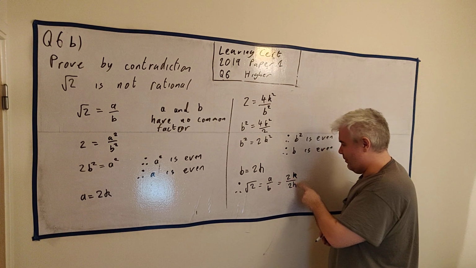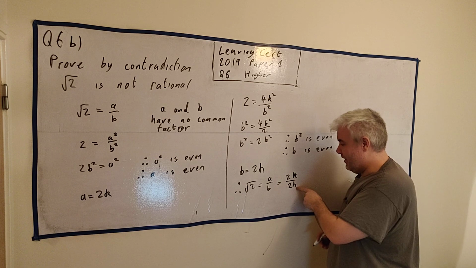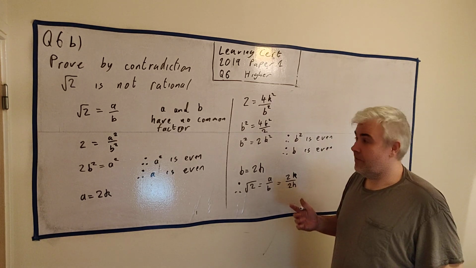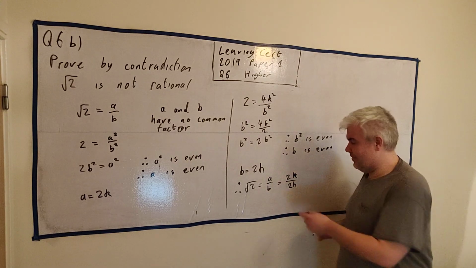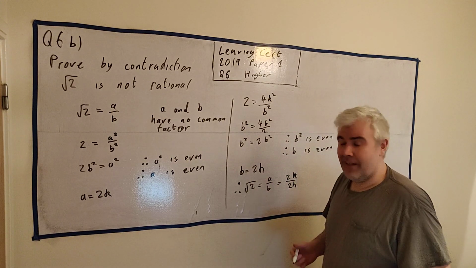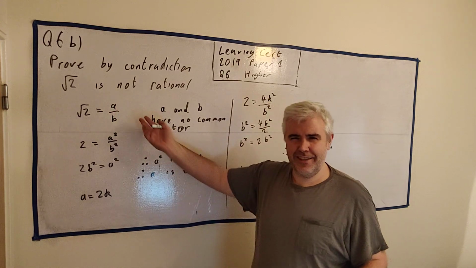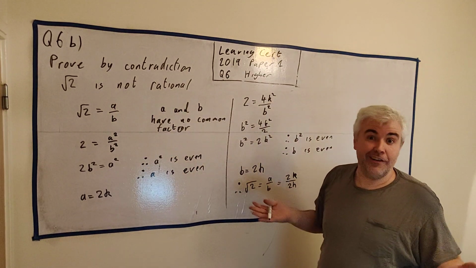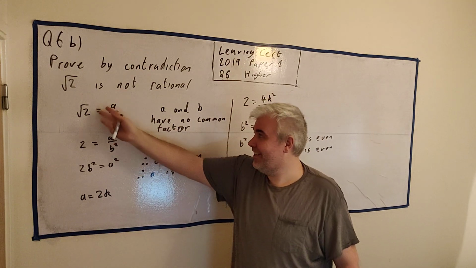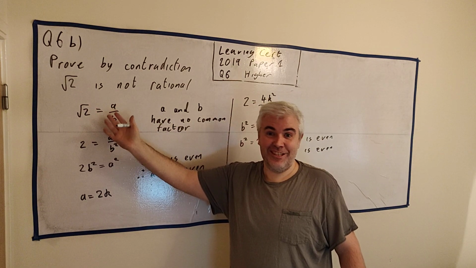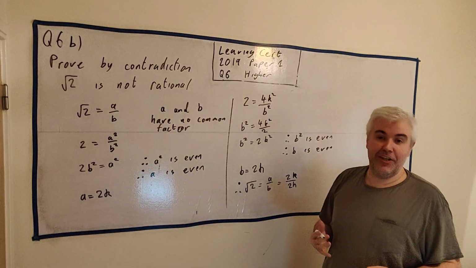I can divide this by 2 and this by 2, and we get k over h. And we started with the smallest two we could get. So no, that doesn't make sense. 2 divides into both of these numbers, but I said such a number doesn't exist. So that's a contradiction. So what I conclude is this whole case doesn't exist. The square root of 2 cannot equal a divided by b.